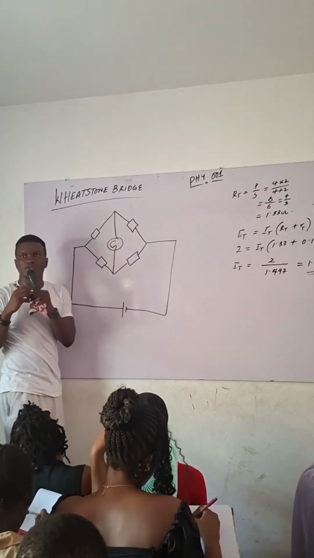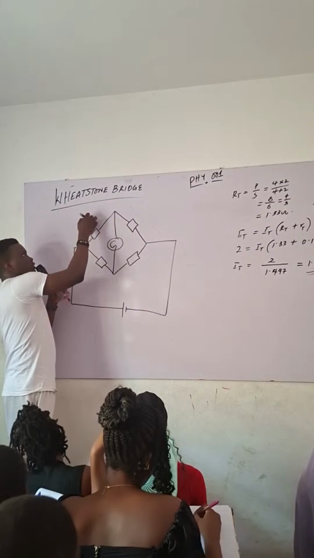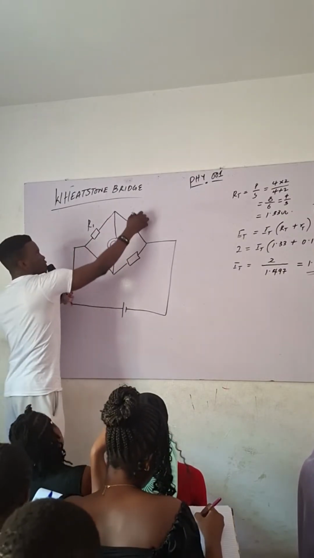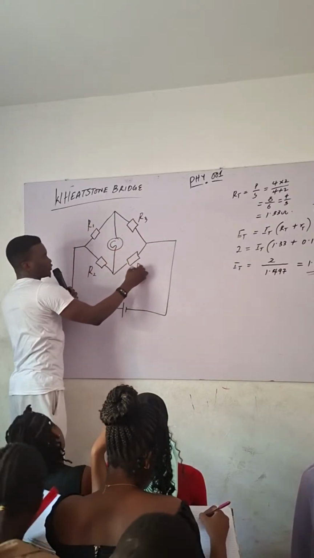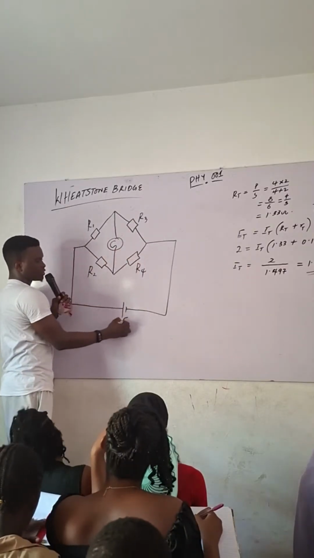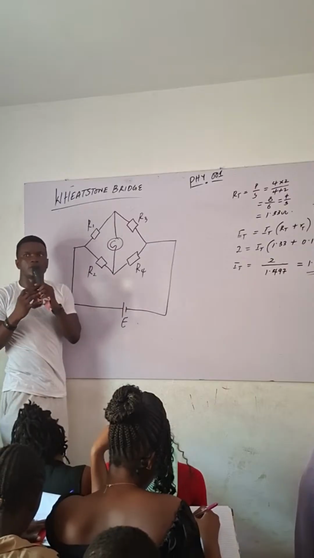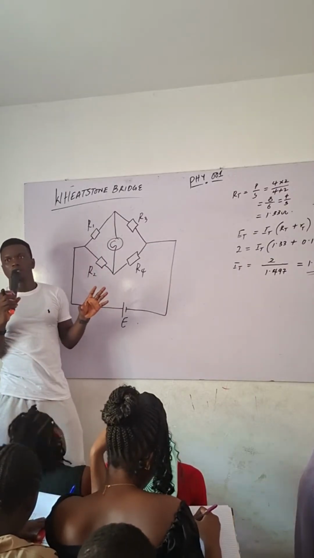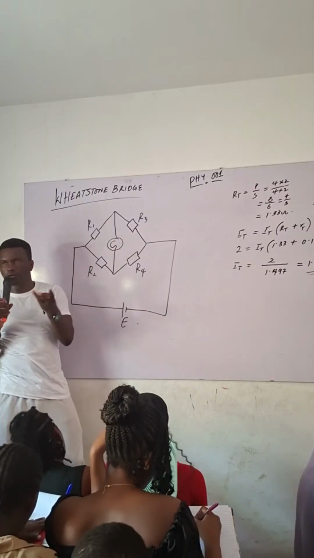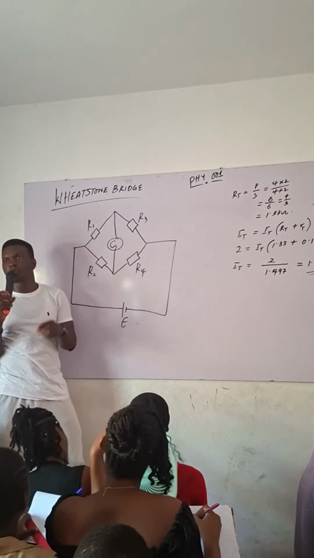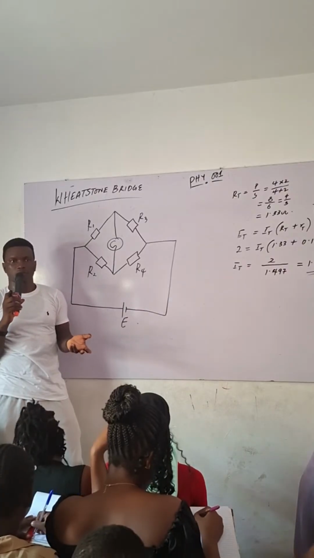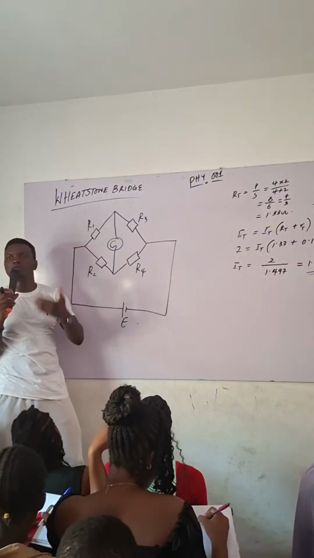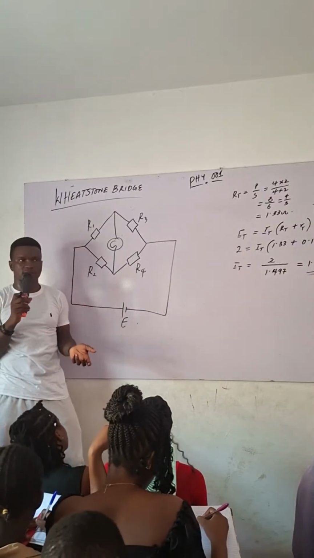So this is a Wheatstone bridge. Now, we call this R1, R2, R3, R4. Then there's a cell, EMF. In this kind of setup, they will tell you 3 of the resistances, and you should find the last one. So we use this instrument to determine the value of an unknown resistance.